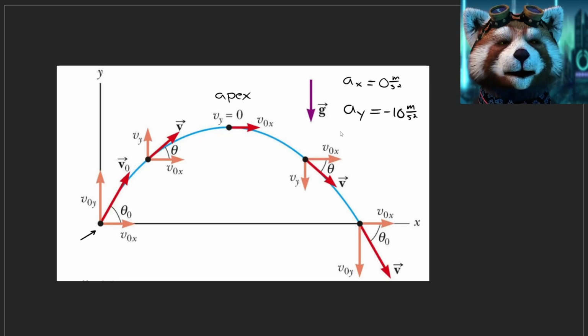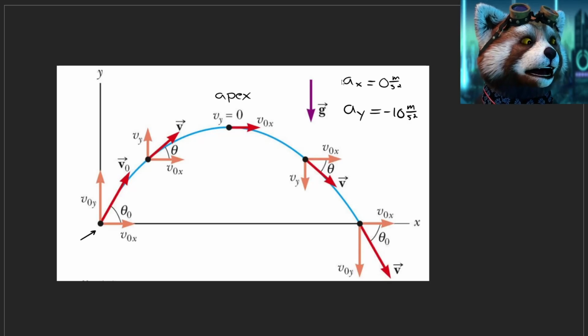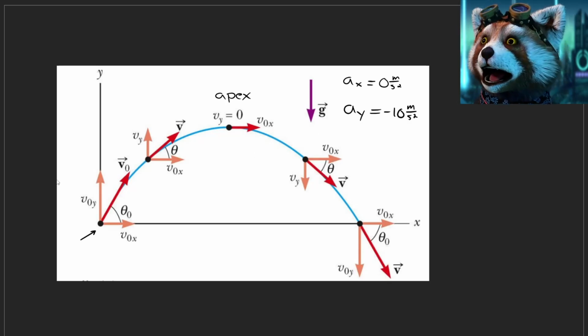So let's just get right into it and work a problem. Okay, so let's see, what do we got? Let's say that an object is fired or kicked or shot or released or whatever at some initial speed.